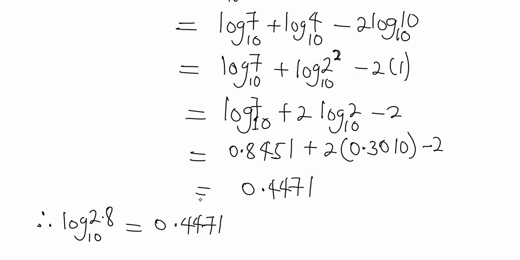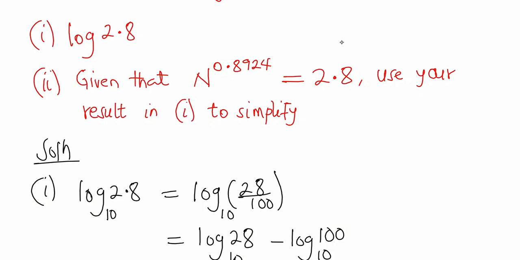Now, the question didn't end there. Given that n exponent 0.8924 is equal to 2.8, use your result in I to simplify. So it implies that at the end, in simplifying the question here, we should get log 2.8. Then later we do the substitution using the value we found for log 2.8.